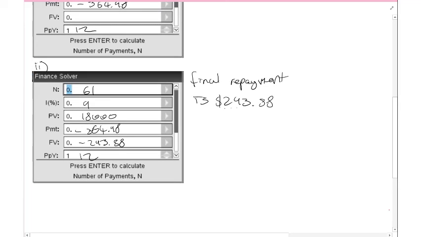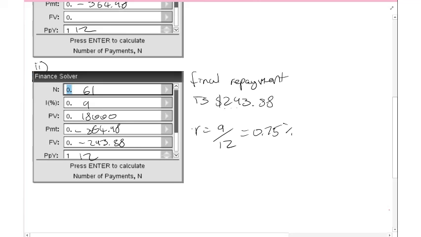So the interest for this one is that it was 9% over 12 months. So my rate is going to be 9 divided by 12, which is 0.75%.